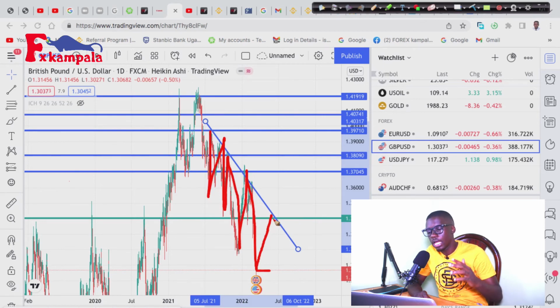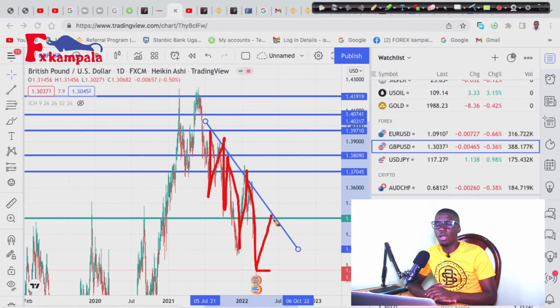So you see that we are in a position to determine all these entries by looking only at the US dollar index, which tells us which orders we should execute. Not because we have analyzed the GBP USD or the Euro USD, but because you analyze only the US dollar index, you can determine your entries and exits.